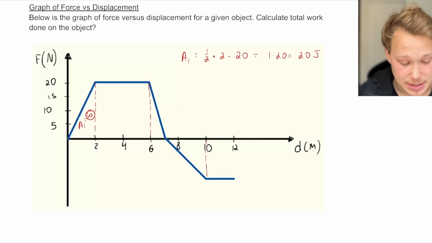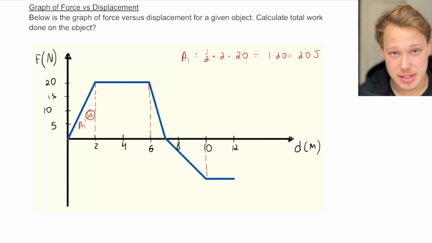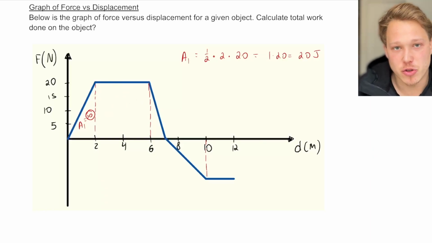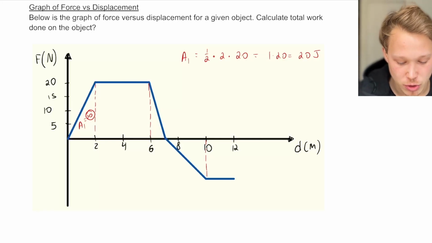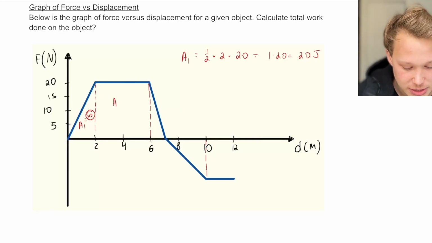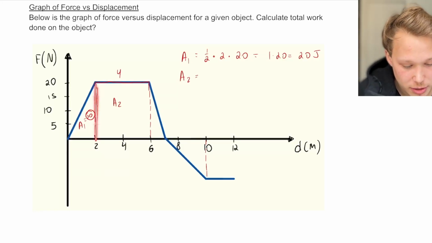Okay, this next part right here, by the way, feel free to pause the video and practice this concept by trying to identify your own area and then scroll back to see if you get the same answer. Or just keep watching the video as we calculate the area of this triangle. So this side right here is going to be 6 minus 2, so 4. And this side right here is 20.